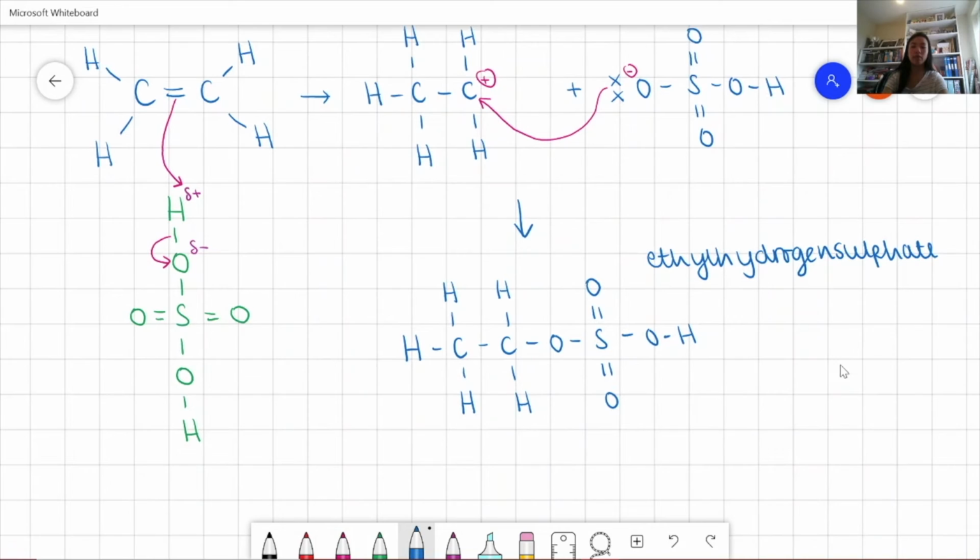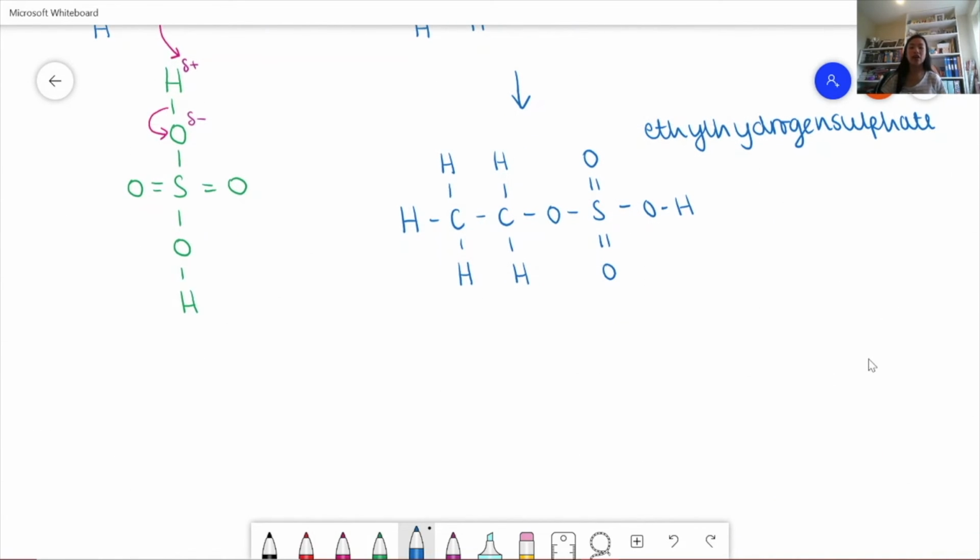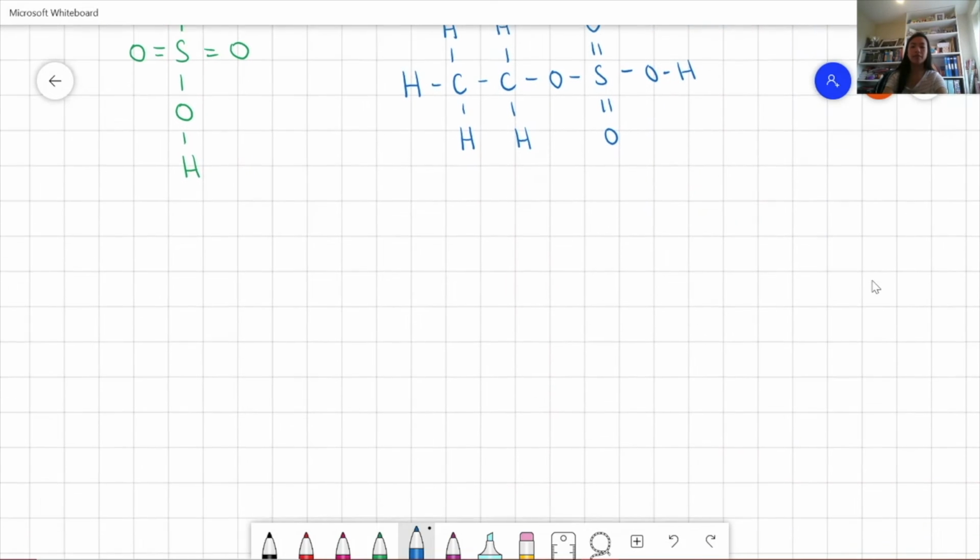And actually, a thing that you might need to know is that if you add water to this ethyl hydrogen sulfate, we get an alcohol, and the sulphuric acid is regenerated. So we get this equation.